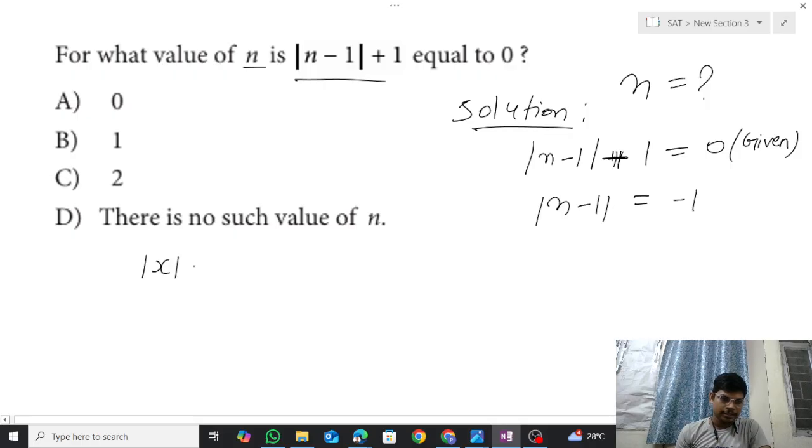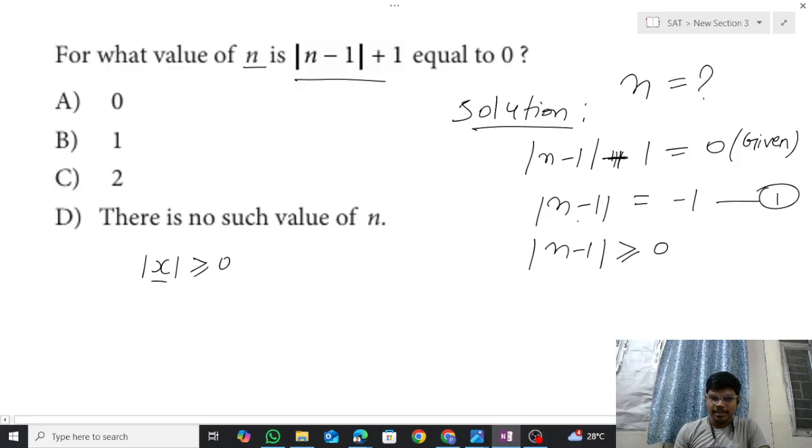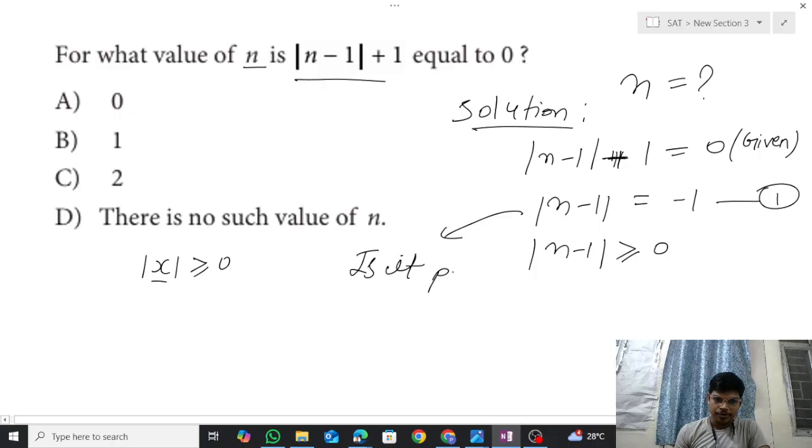See, the properties of modulus says that for any number x, the modulus of x is always greater than or equal to 0. So modulus of n minus 1 must always be greater than or equal to 0. But the equation says it is equal to minus 1. Is it possible?